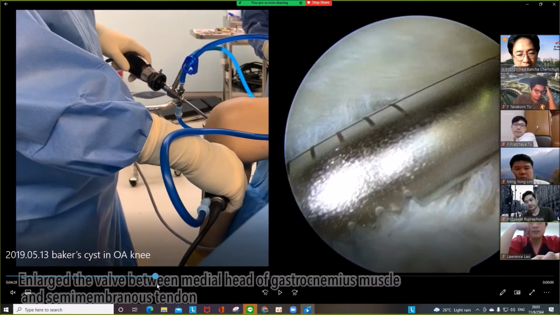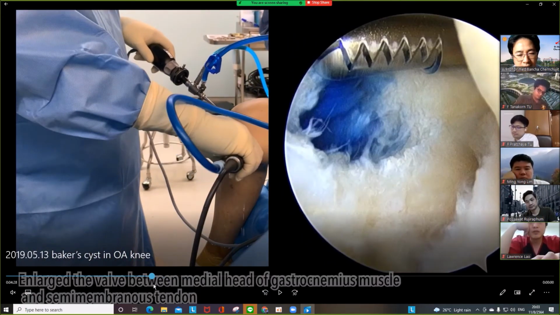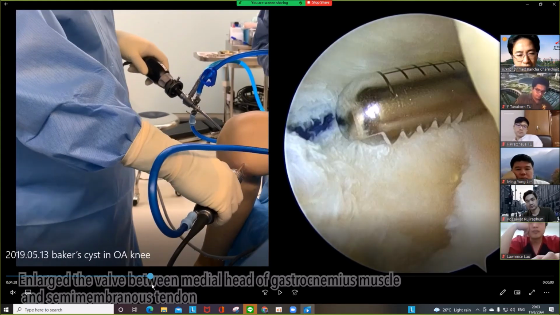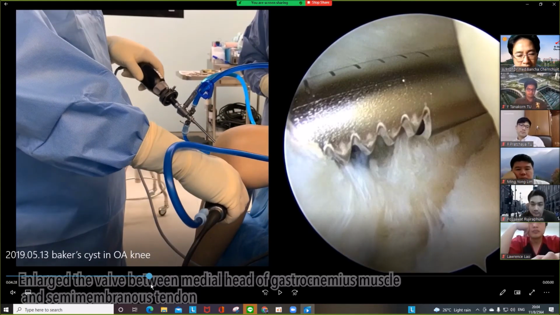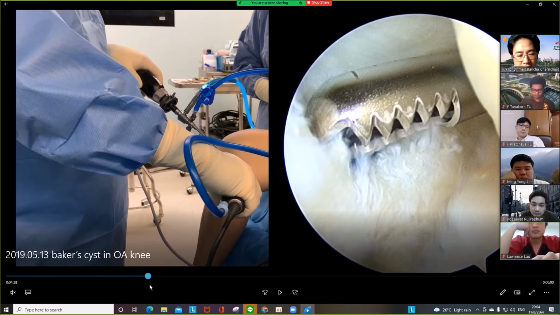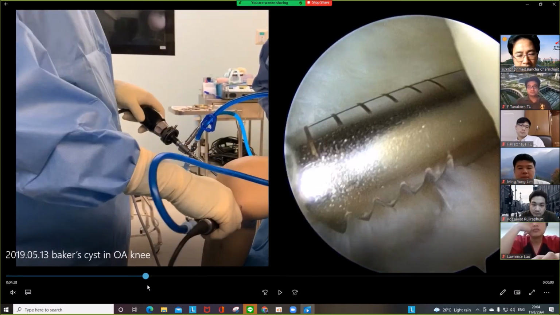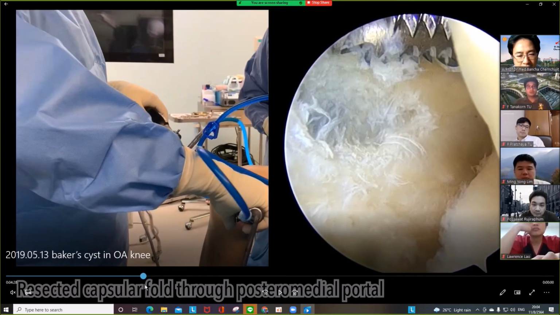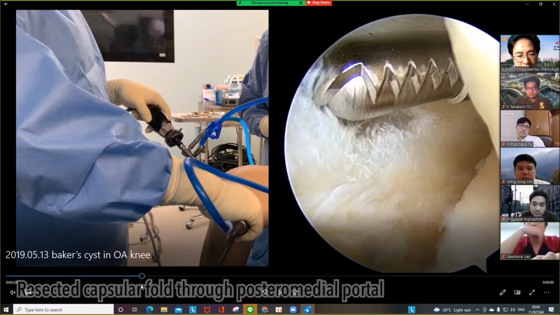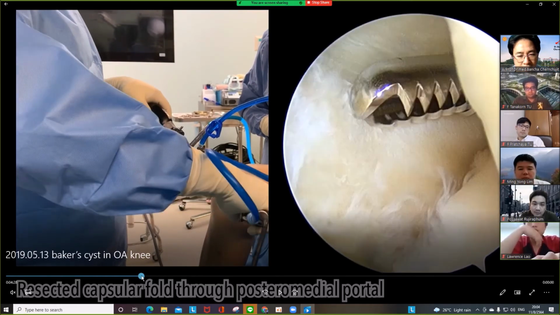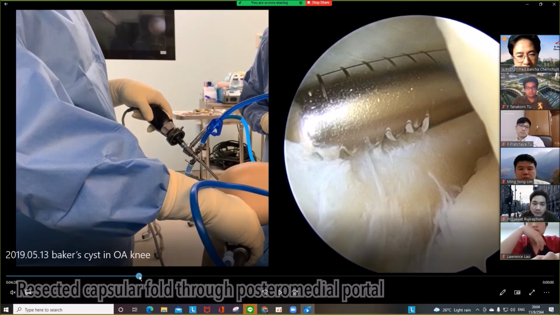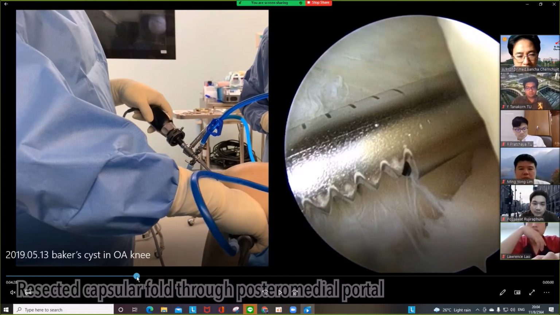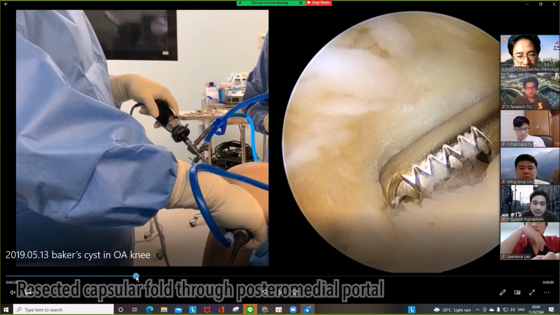When we get in, you see here, I need to remove some part of the capsule. So in this patient the valve is not easy to identify, right?